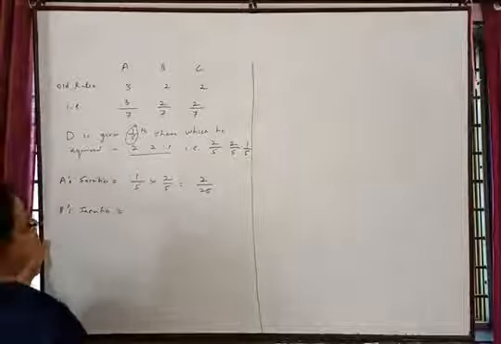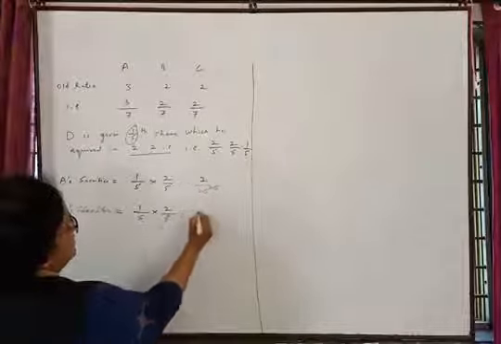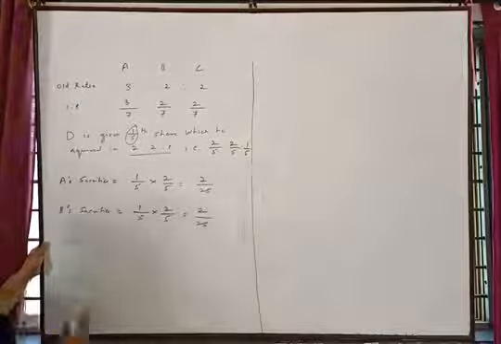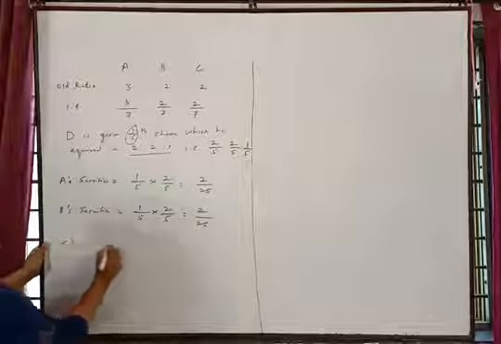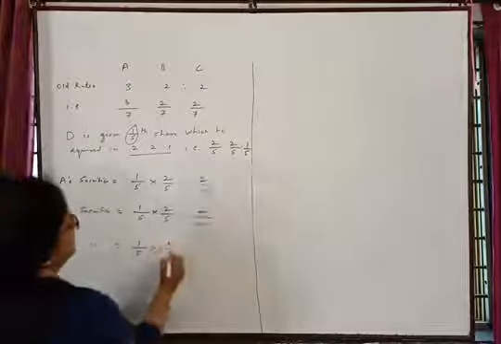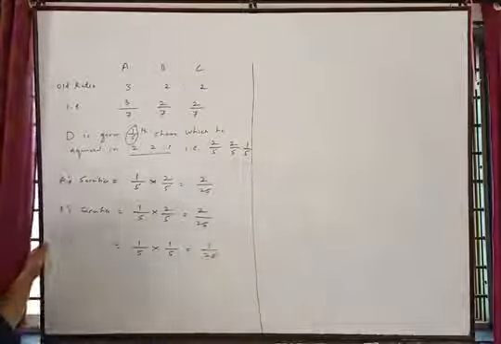Then B's sacrifice is equal to 2/5 of 1/5, that is 2/25, and C's sacrifice is equal to 1/5 of 1/5, so it will be 1/25.